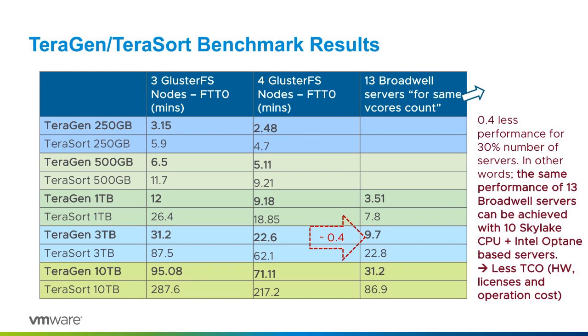So it means that by using Intel Purley, Skylake, and Optane, you can save almost 25% of the required number of servers. Okay, so it's actually very important for the TCO calculation, because some customers claim that Intel Optane is a little bit expensive as an SSD. However, it actually saves a lot of other servers needed for IOPS and latency requirements.